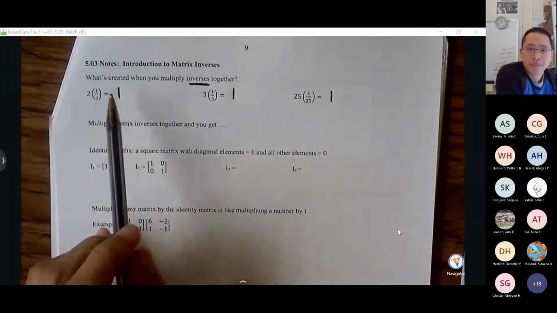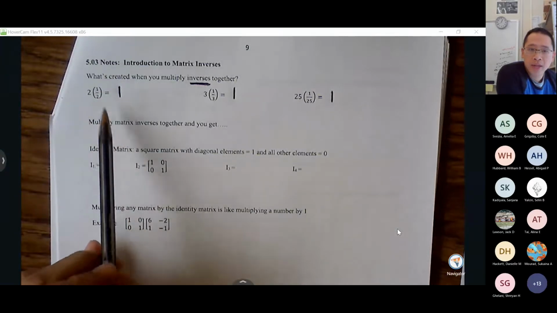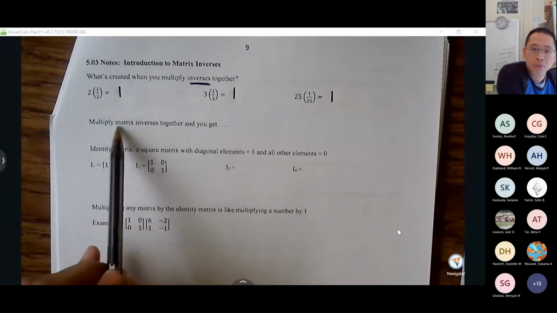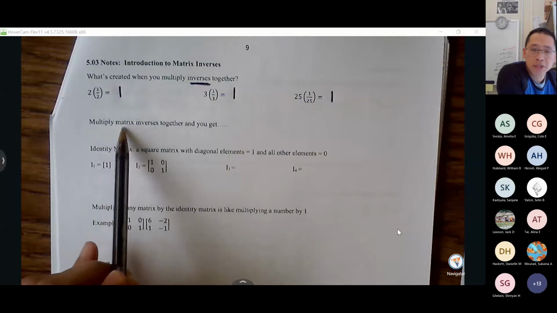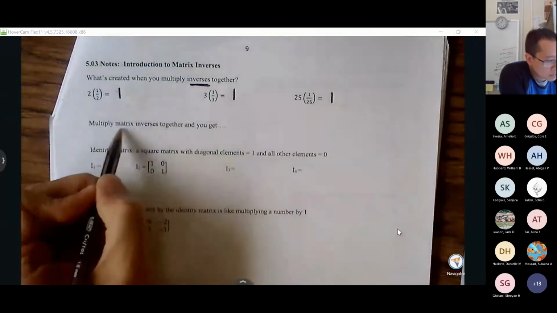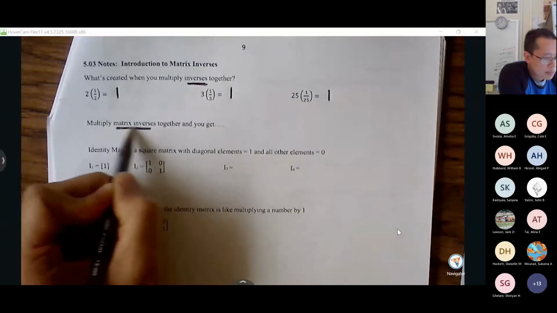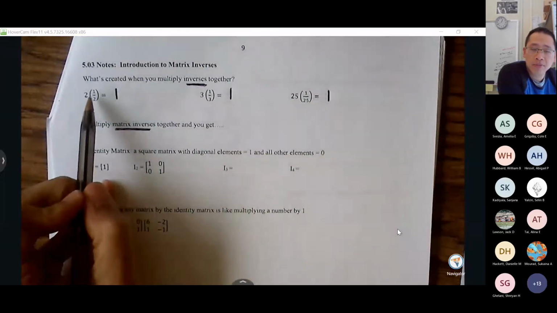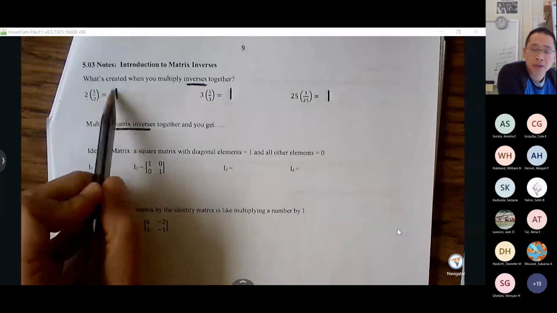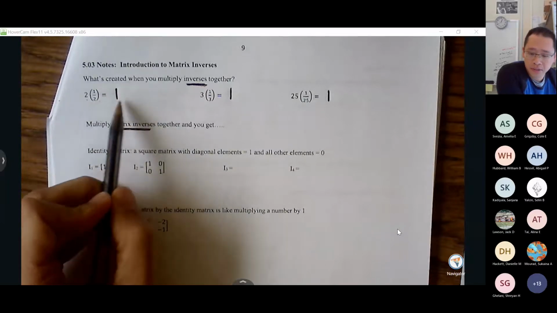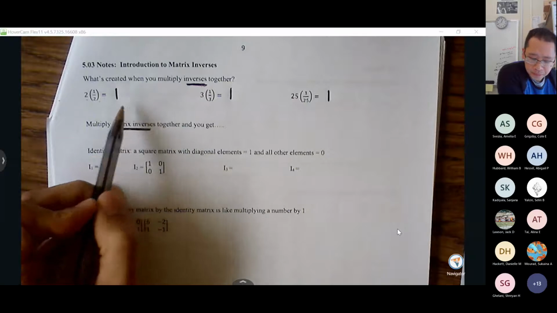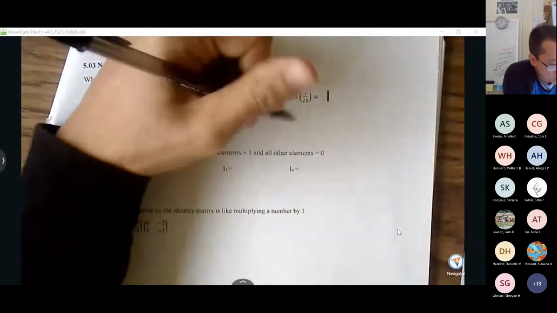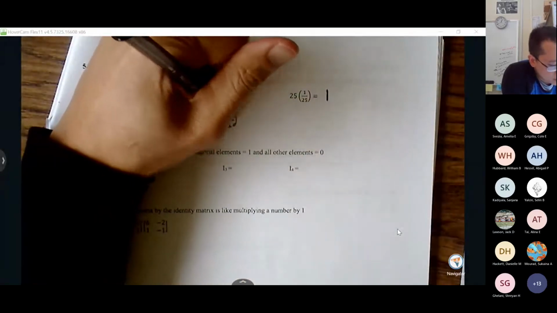So in a way, this is also connected with the idea of matrices and their inverses. If I were to multiply a matrix and its inverse, just like if I were to multiply a number and its inverse, they're going to cancel each other out, okay? And what we get is something called an identity matrix.